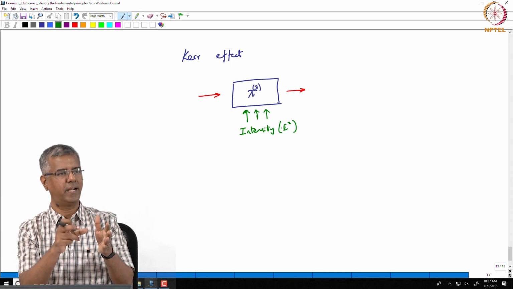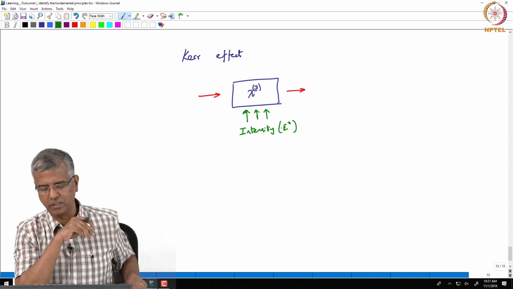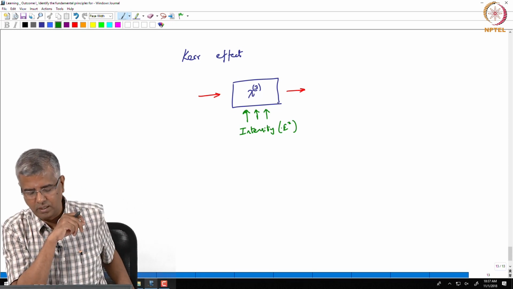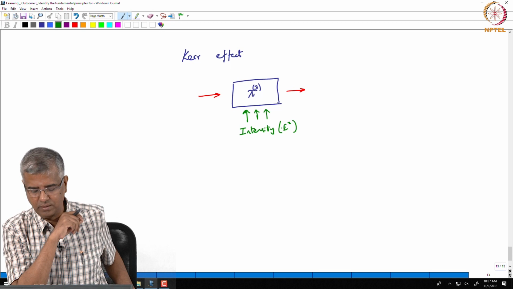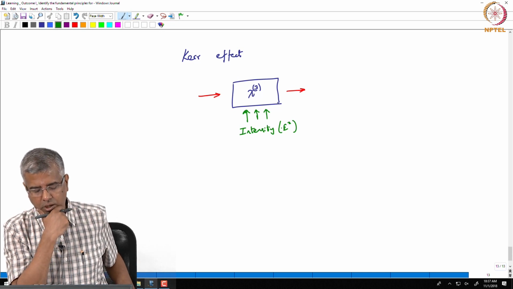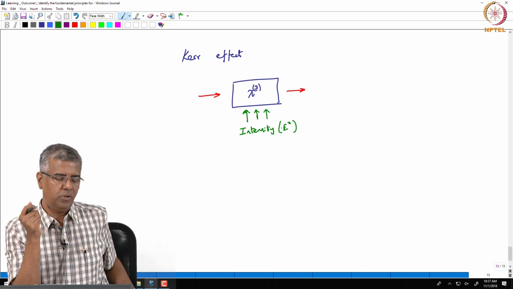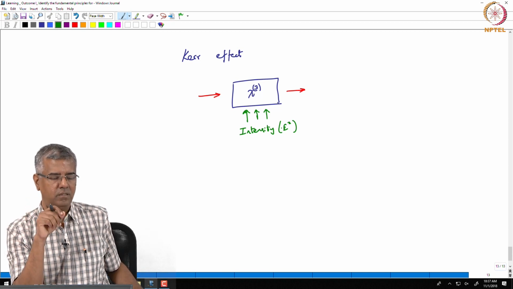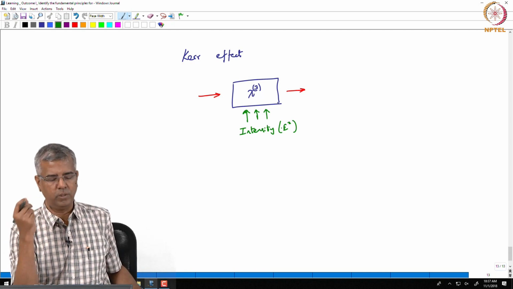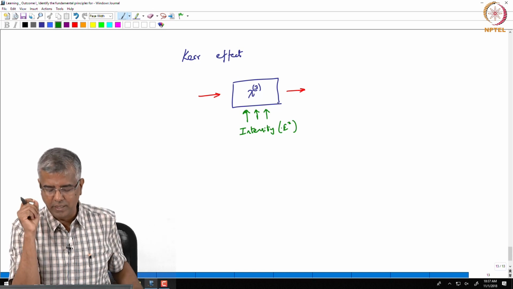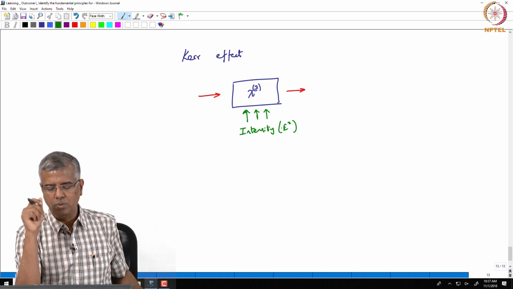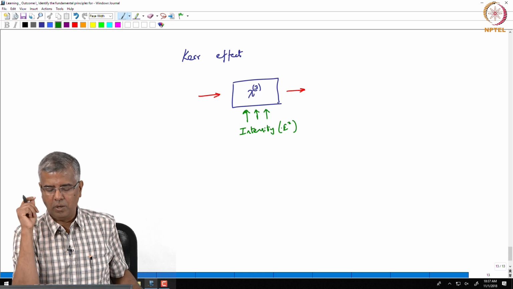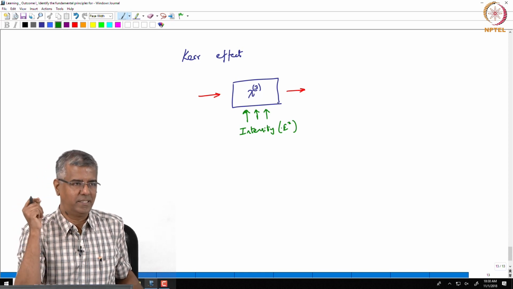So, the actual interaction happens only over a short length, short region, okay. So, there you are limited by the electronics in terms of the speed at which you can do the modulation. But now you are talking about doing it with light intensity.